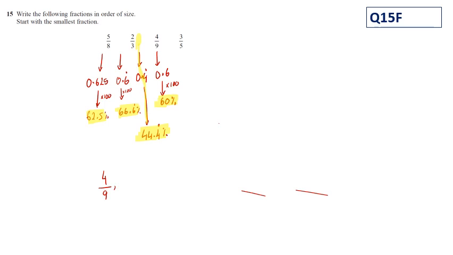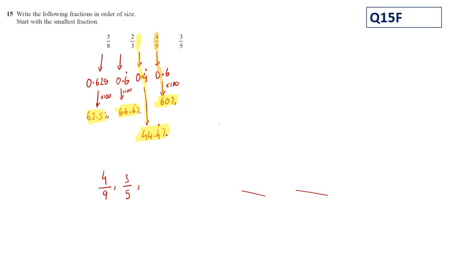Then I can move to the next number. I can see 60% is the next smallest fraction, that's 3/5. So we'll write down 3/5 as the next smallest, and then I'll move on.